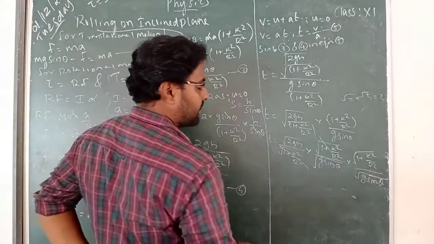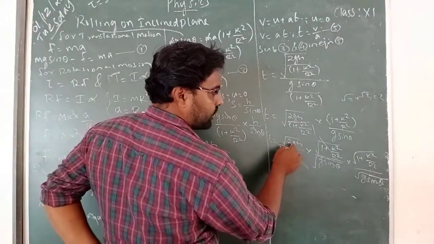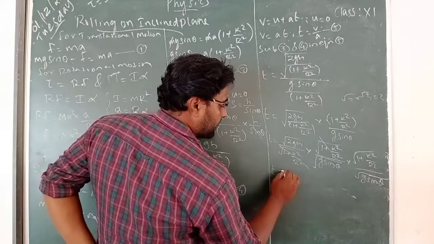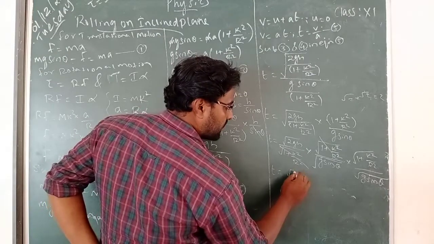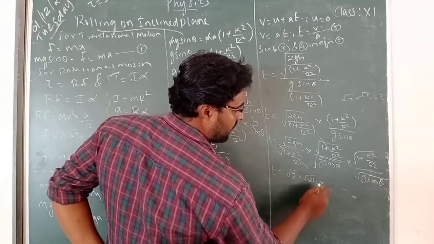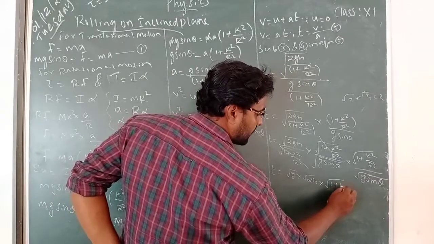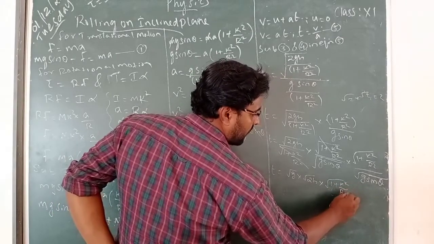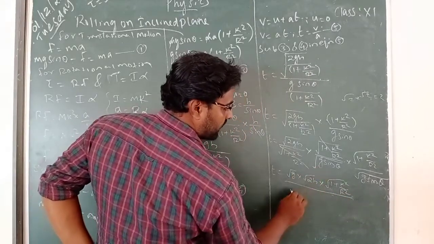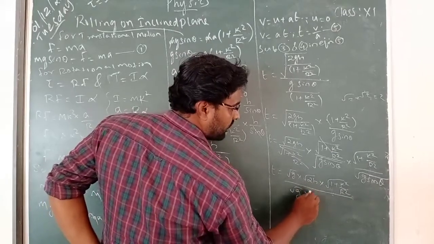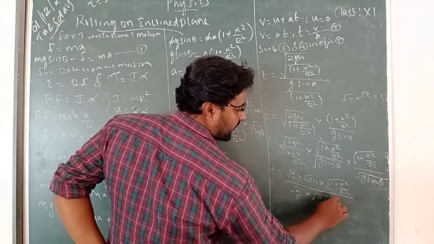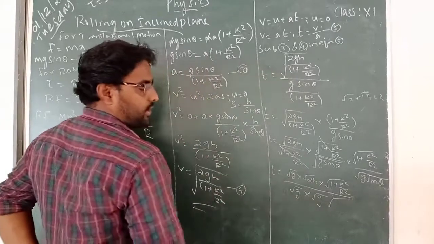What is remaining? You see here root g, root g, root g. Take this g outside. So t is equal to root g into root 2h into root of 1 plus k square by r square, divided by root of g into root of g into root g.